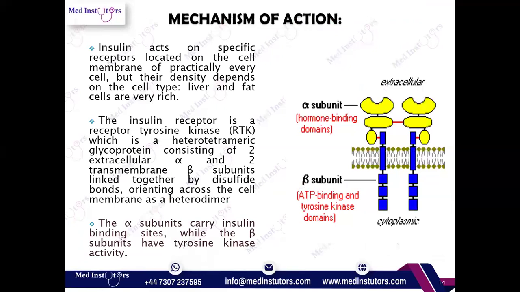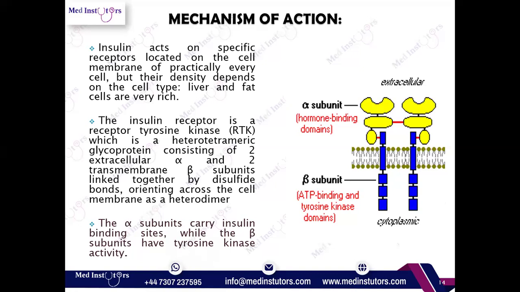Insulin acts on specific receptors located on the cell membrane of practically every cell, but they are more seen in the liver, fat, etc. The insulin receptor is a tyrosine kinase receptor, a heterotetrameric glycoprotein consisting of two extracellular alpha subunits and two transmembrane beta subunits linked together by disulfide bonds, orienting across the cell membrane as a heterodimer.